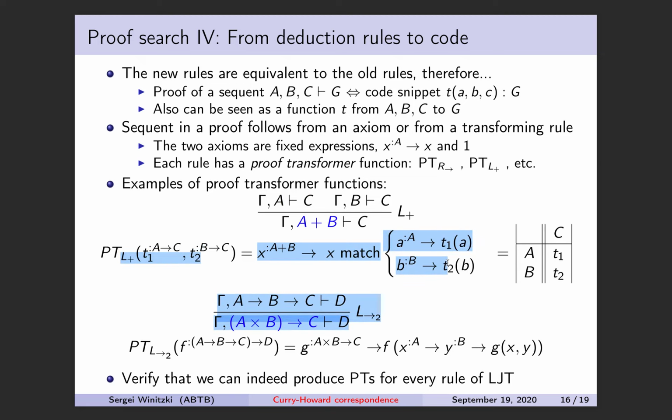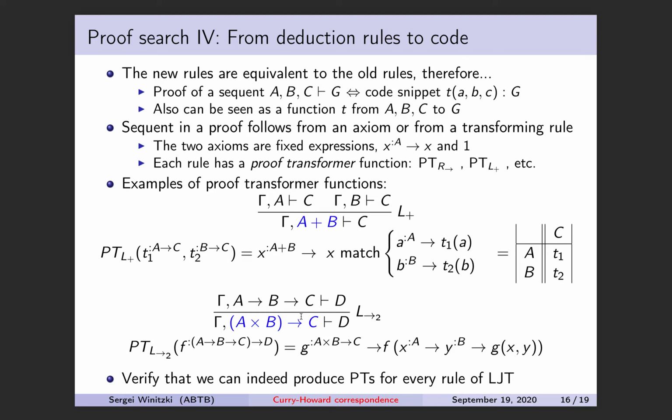And then it is this code. So it's the match statement. I'm just writing some kind of code notation to save space, but this is exactly the same as Scala code. X of type A plus B goes to this match expression with 2 case clauses. And I can also write it as a matrix. That's a matrix notation that I developed for match expressions. But let's just not focus on that.